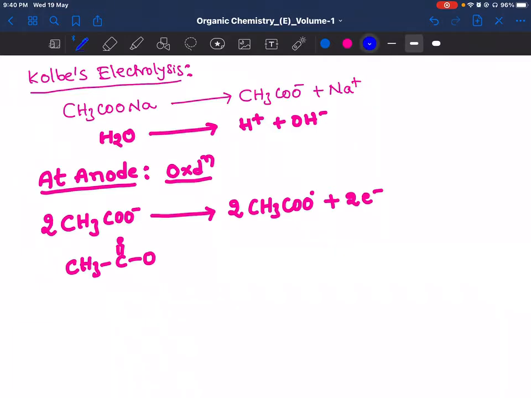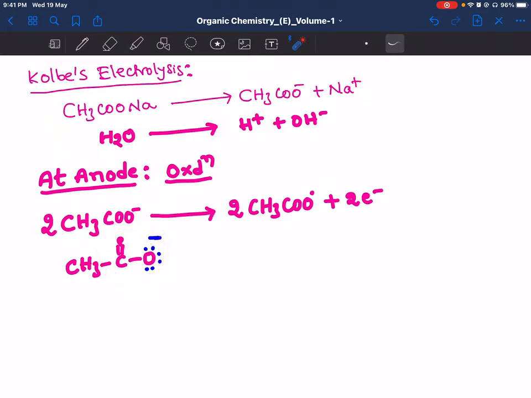The remaining electrons are 5. Now if you put one more extra electron, it gets a negative charge. So this is the acetate ion.